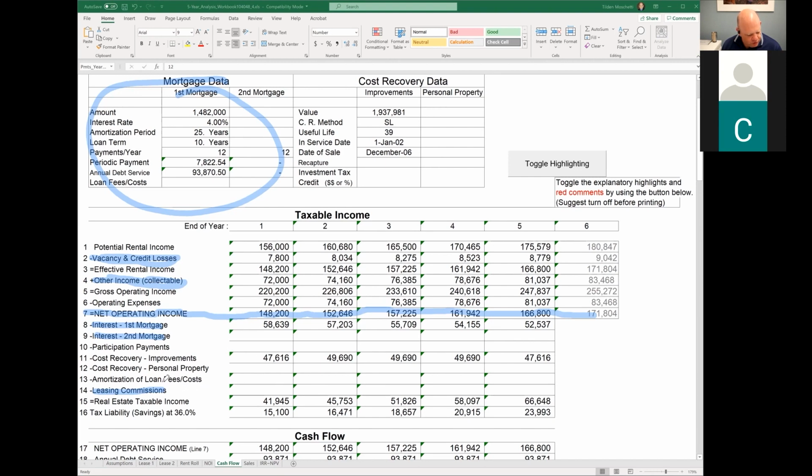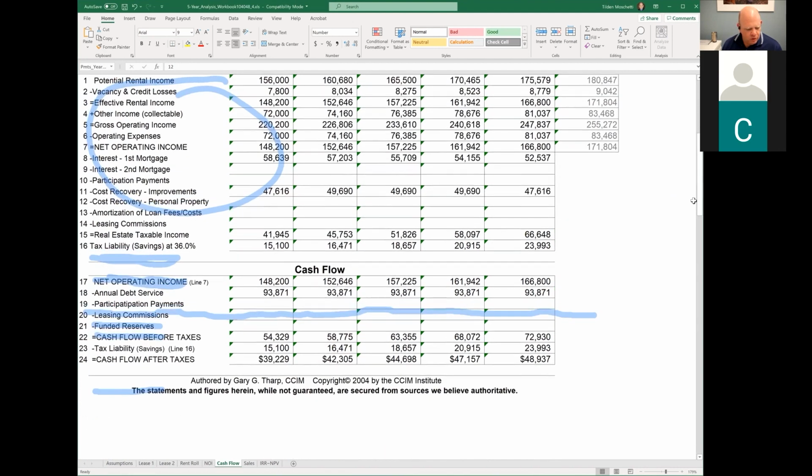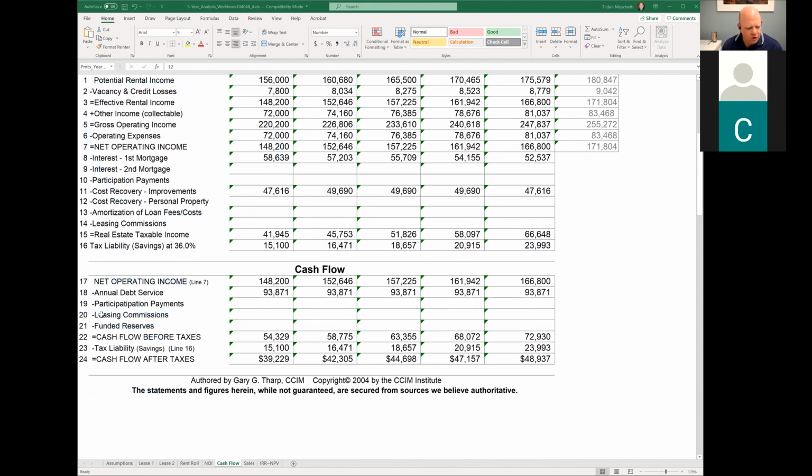Now here, because we're still in the taxable income calculation, that throws everything off that I've just done there. All right, so we have our leasing commissions as one. Our funded reserves is one. Remember, we talked about that.